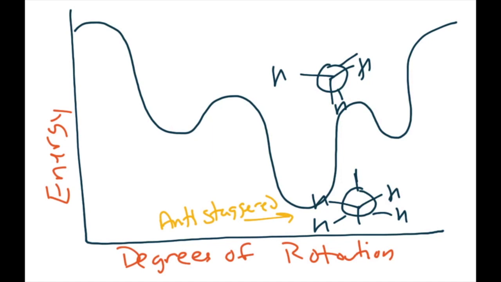Right, so we have our eclipse conformation. Right, so it's higher in energy. Then we have the gauche conformation. So it is less stable than the anti-staggered, but more stable than any eclipse structure.